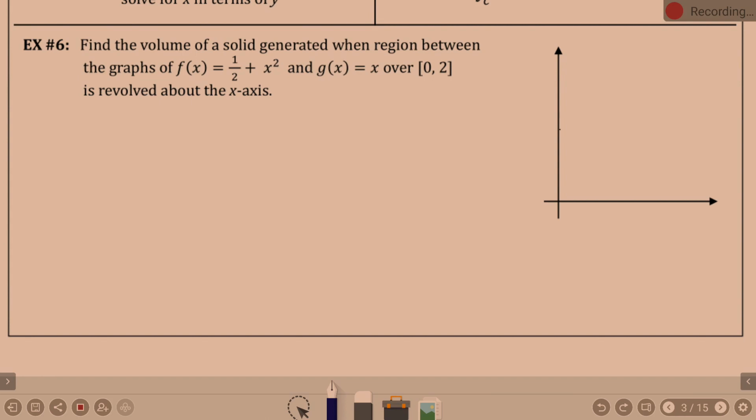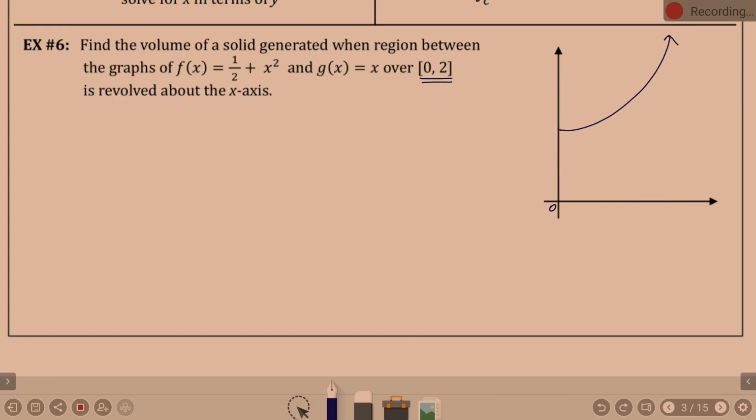But it's one half up, and then the x squared is a parabola, yes? Now, officially the parabola goes this way too, yes? But what does it already say? From 0 to 2.